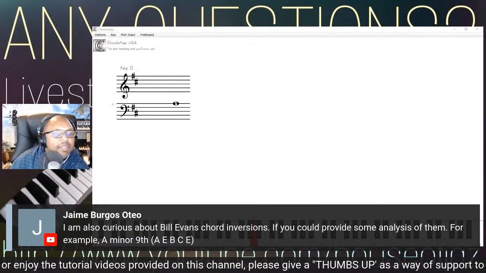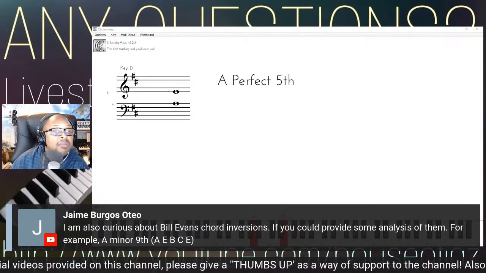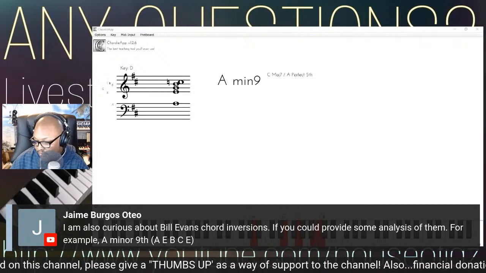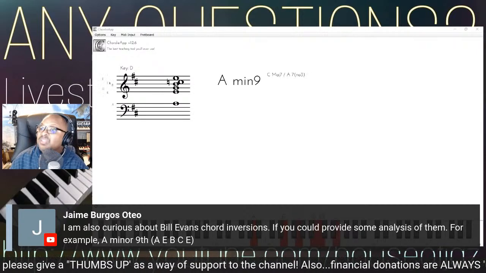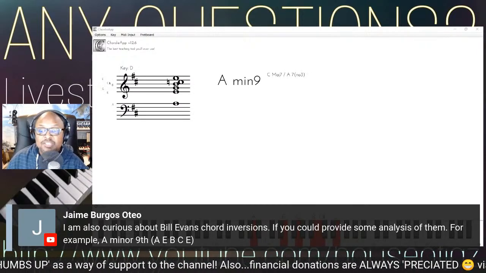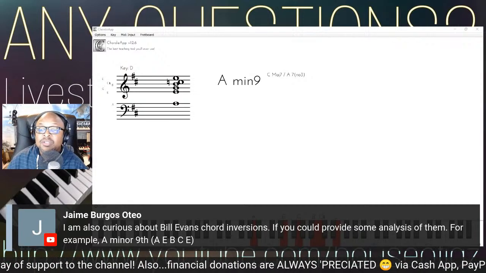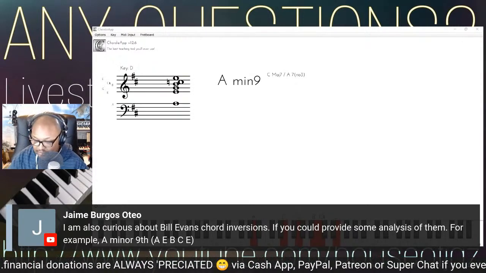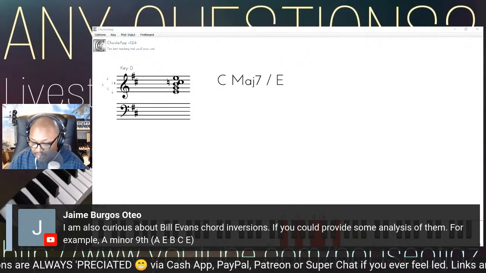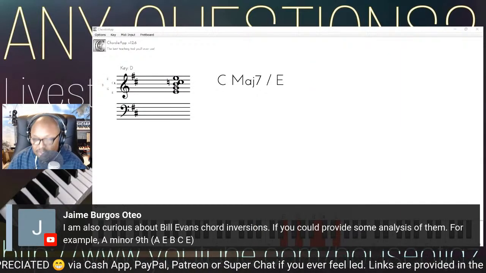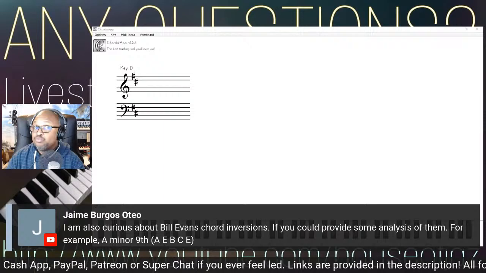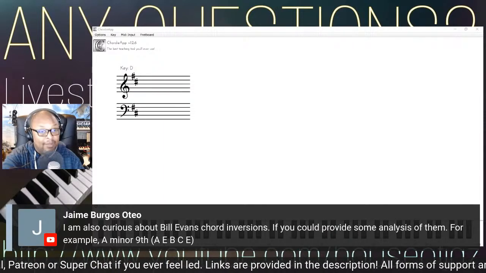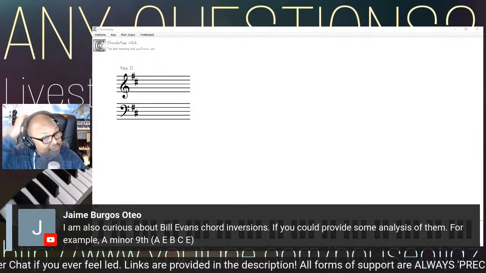You said A, E, B, C. Okay, let's take a look at this, because we did learn the minor 9 chords today, so this is actually good for this. Let's go back and look at the A minor 9 in its root position first, and then we'll come back to that inversion.